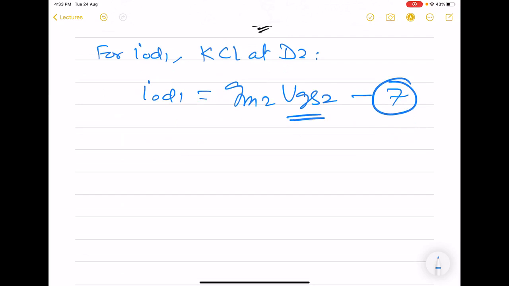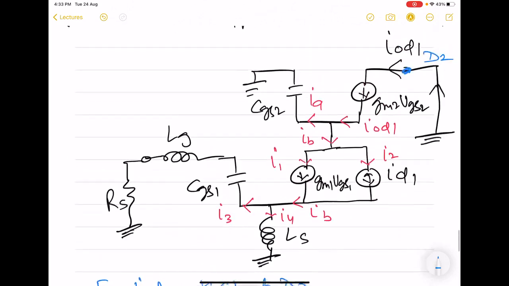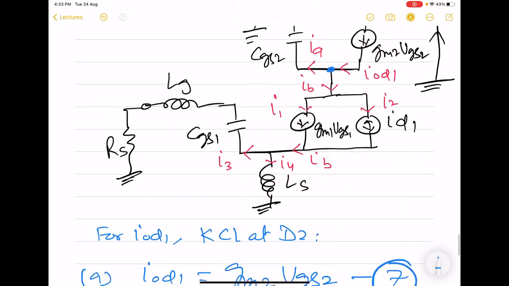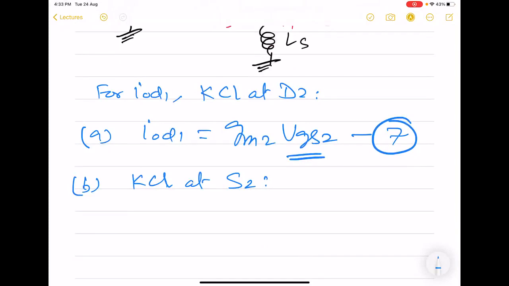Now to find VGS2, we set up the equation KCL at source 2. The source 2 is this one. So here we have GM2 VGS2 is equal to IA plus IB.